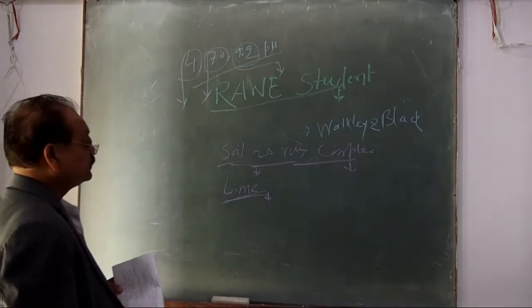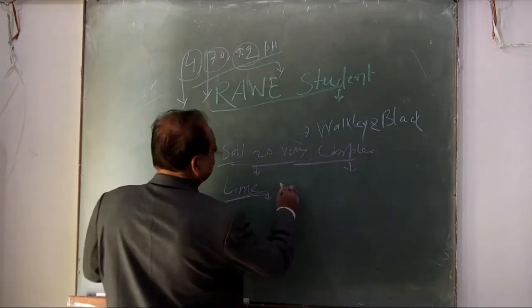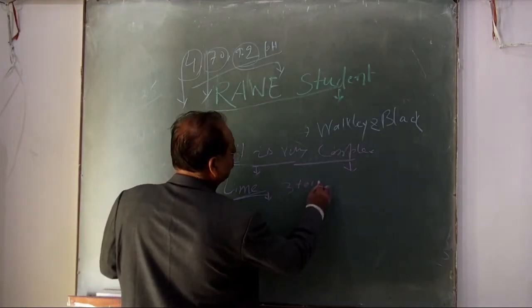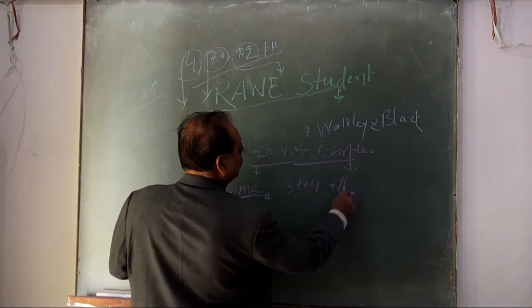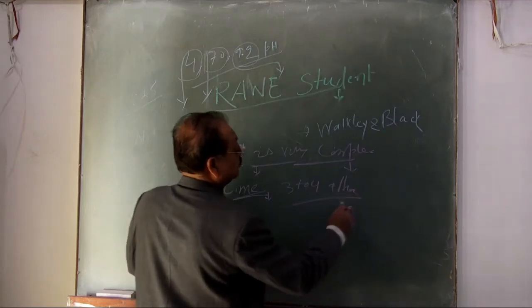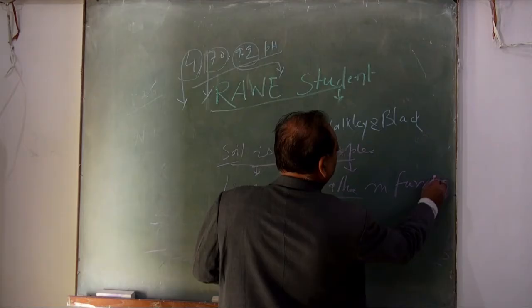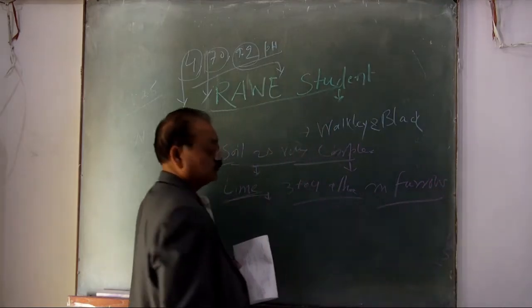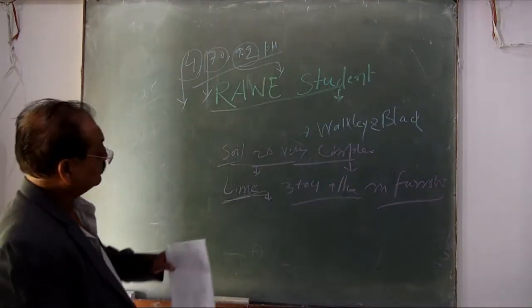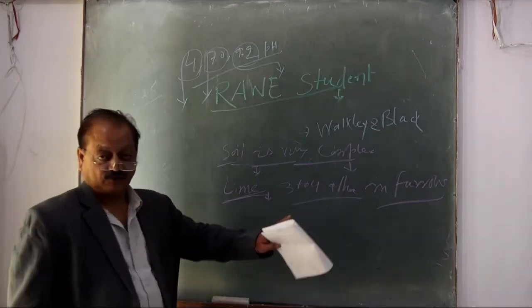It is recommended at 3 to 4 quintal per hectare in furrow.